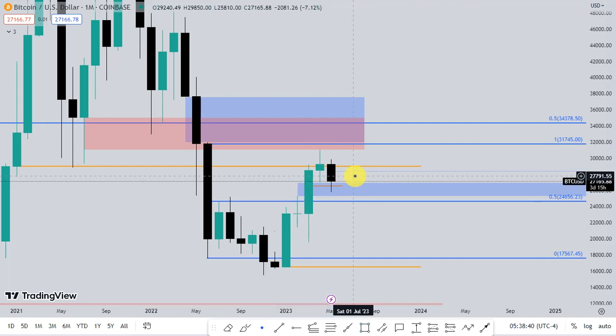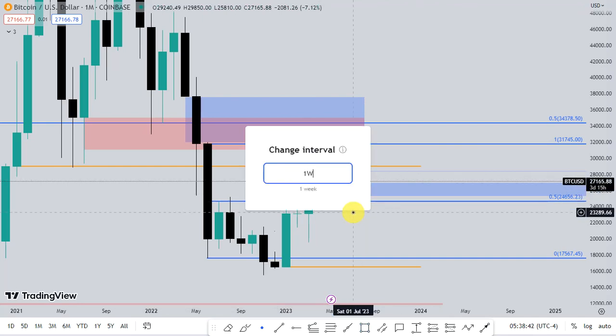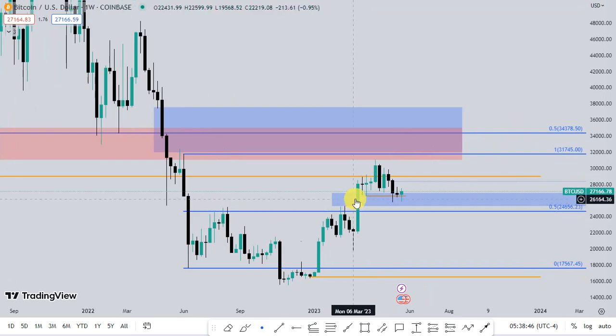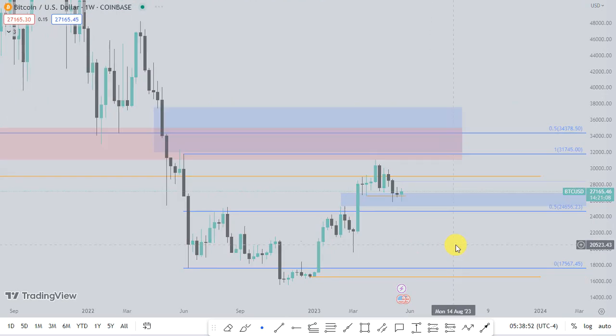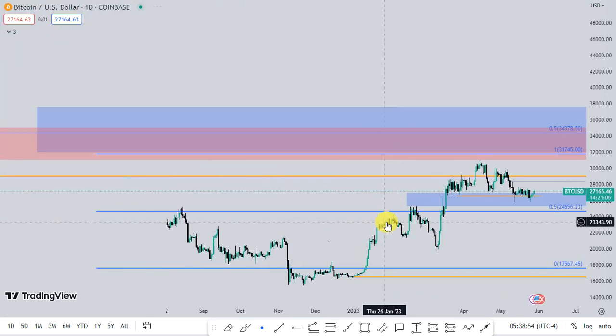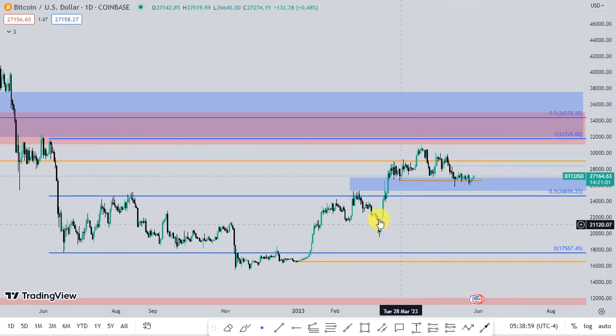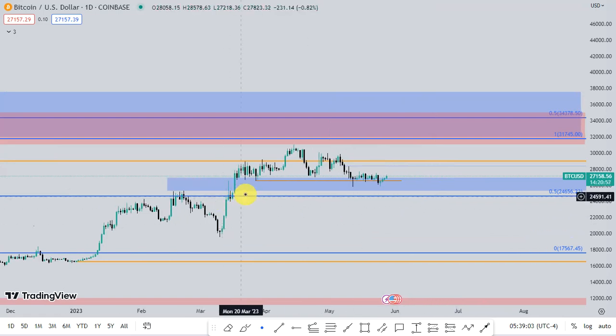This is our monthly fair value gap, and we go to the weekly time frame. On the weekly, we also have this similar zone as our weekly fair value gap. So now we zoom into daily time frame.